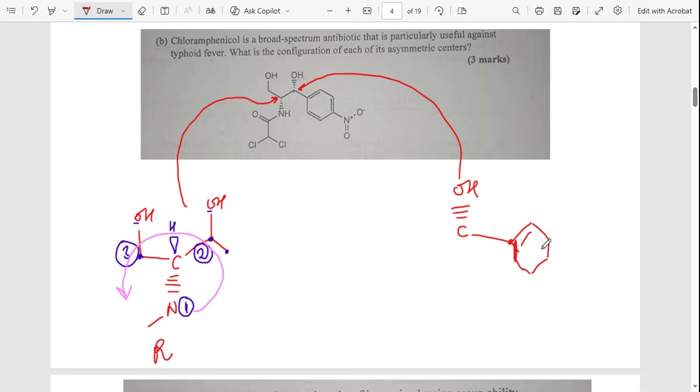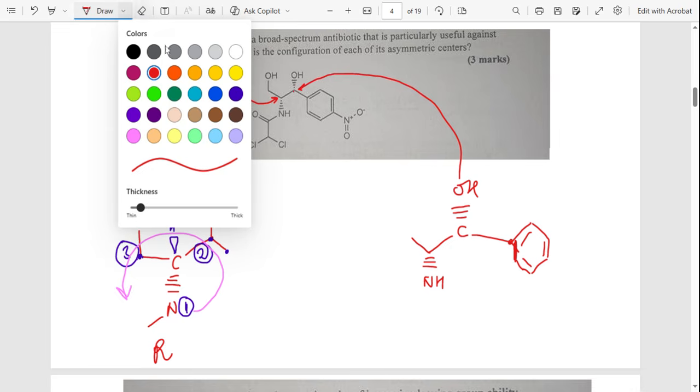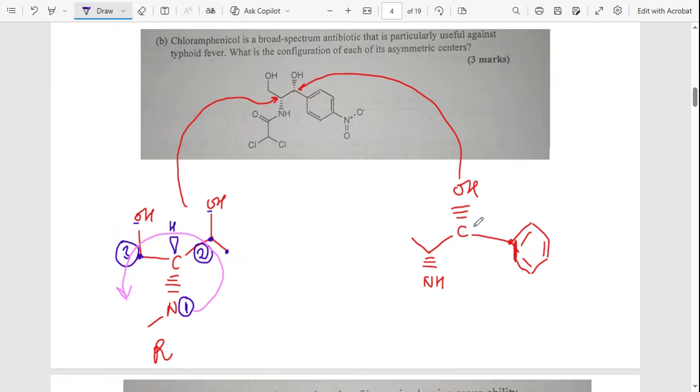There is that ring, and then there is also another group this side. Again, the hydrogen you can't see is actually in front.